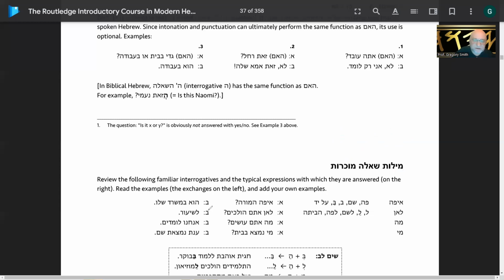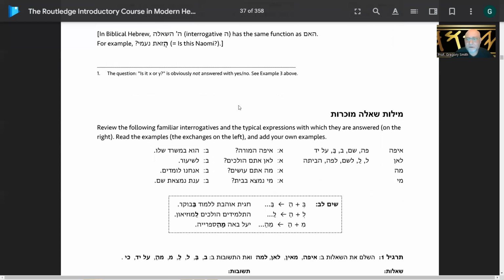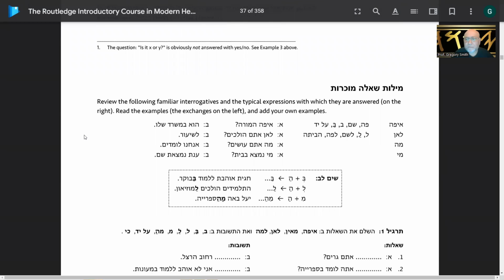Read the examples, the exchanges on the left, and add your examples. Okay, so we have apho. I believe that means where. Okay, so review the following familiar interrogatives and the typical expressions with which they are answered on the right, read the examples, the exchanges on the left, and add your own examples.